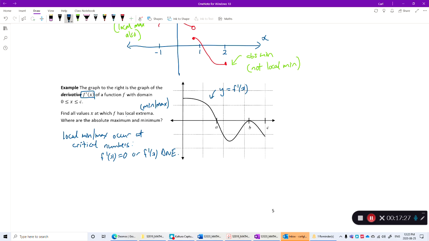So in this case, it looks like the derivative exists everywhere, but it's 0 at these two points. So that means x equals a and x equals b are the two critical numbers.